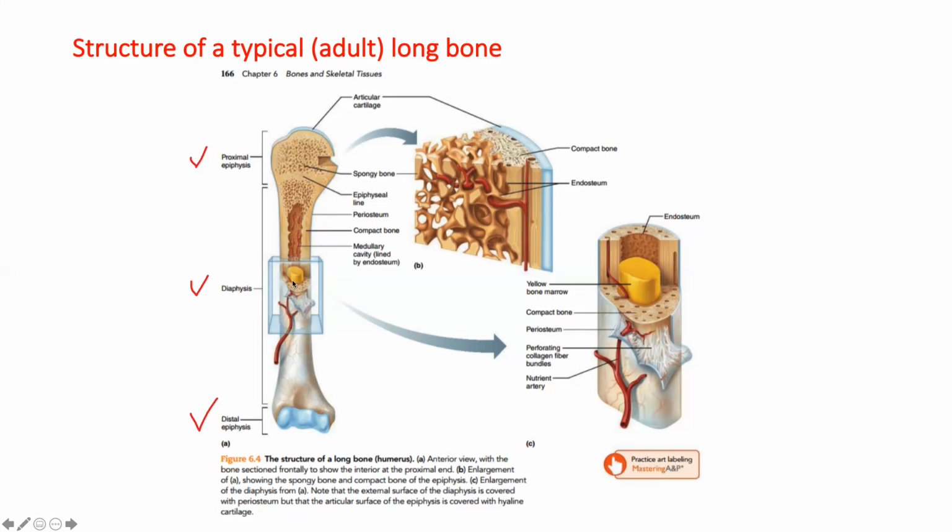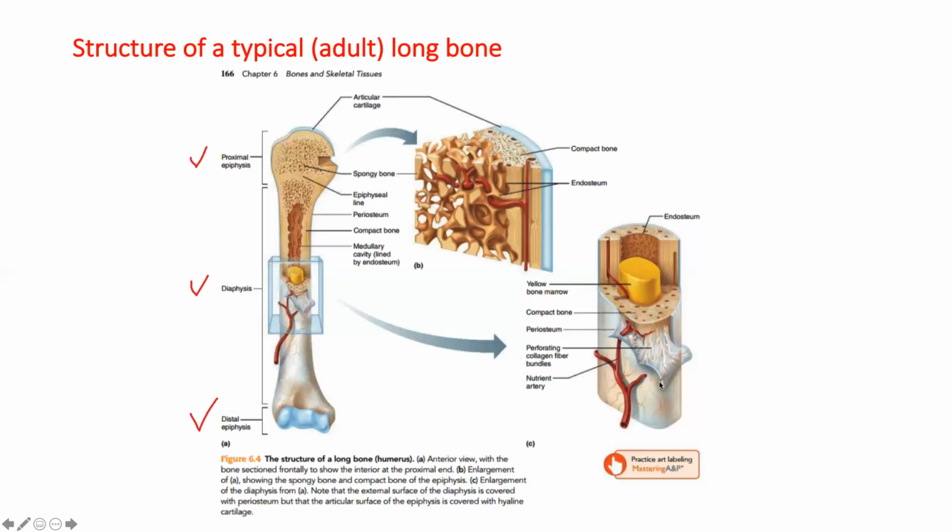If we take a piece of bone from the diaphyseal region, we can see the compact bone and the inner surface layer, which is called the endosteum. Inside the bone marrow cavity, we have yellow bone marrow.